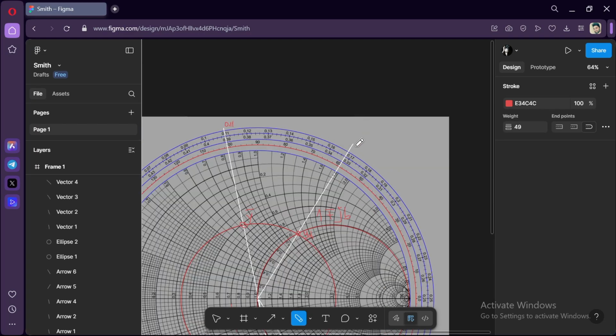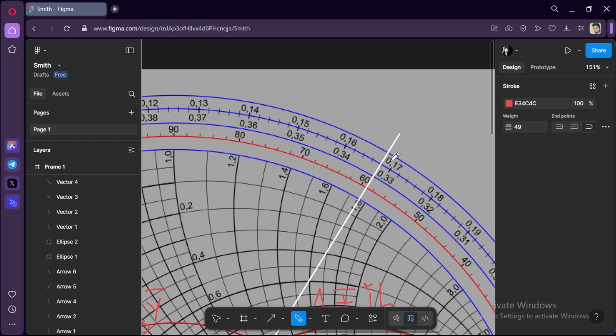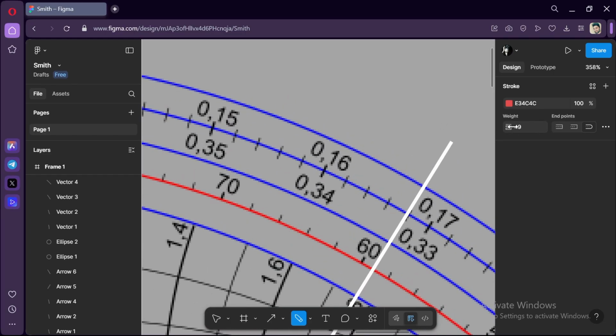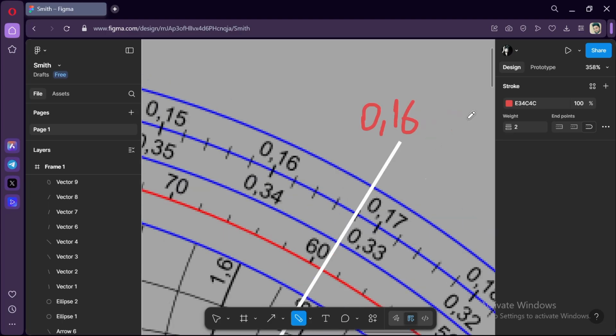So to find this distance, you can subtract this value from this one. Okay, this is 0.16 2 4 6 8.